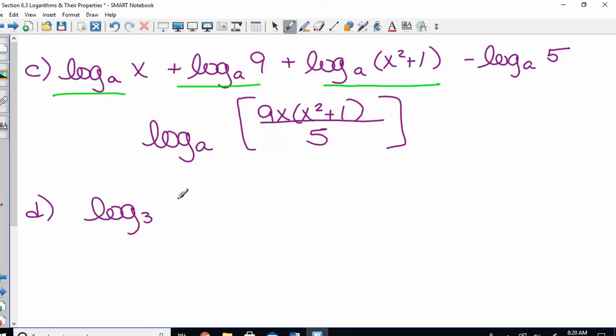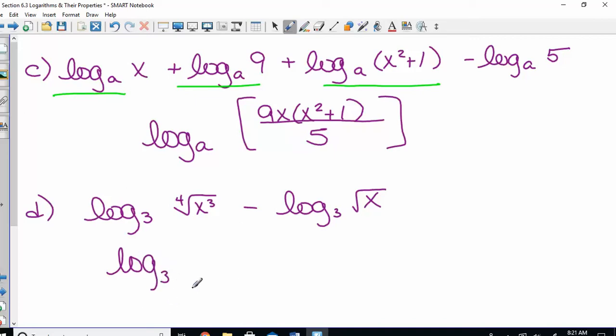Let's do... on the top, I have the 4th root of x cubed.